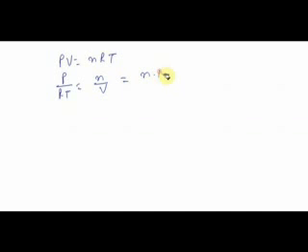Now we will derive the formula for number density. So from the gas equation we have PV is equal to nRT, or we can rewrite this equation as P by RT is equal to n by V. Now in n moles of gas there will be n into Avogadro number of molecules.